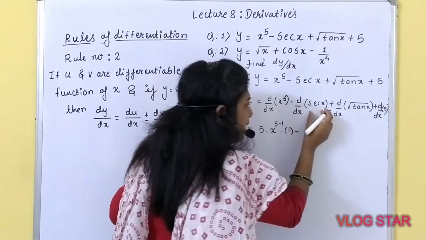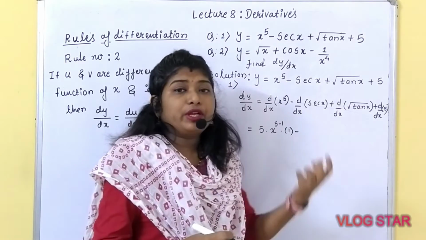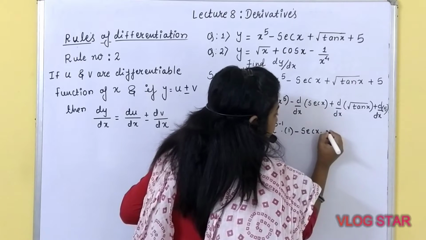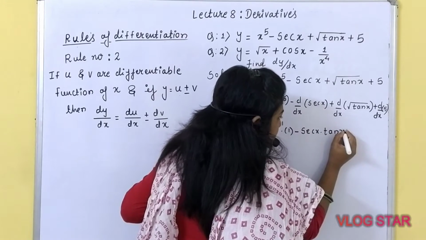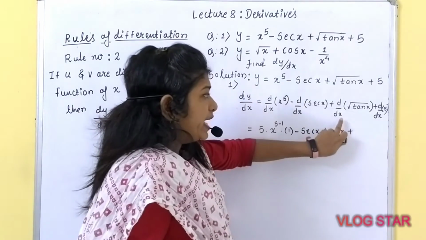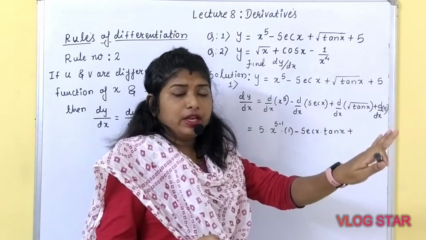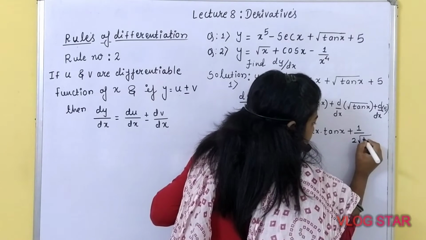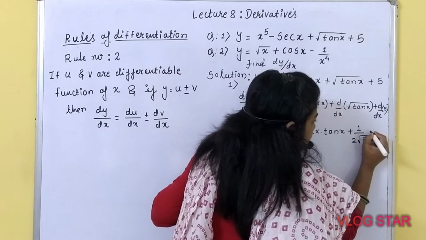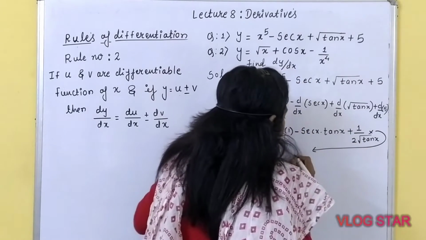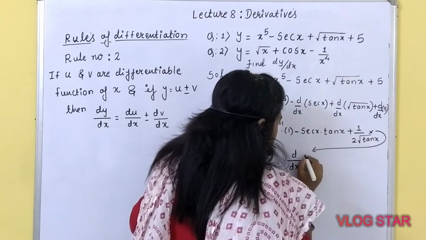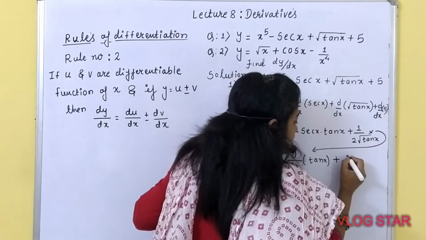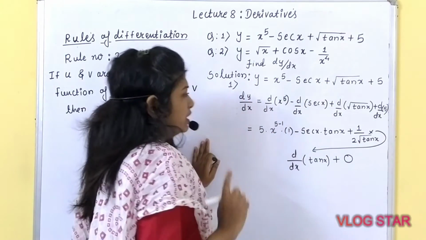Coming to the second part, the derivative of sec x is given by the formula sec x into tan x. Plus, what is the derivative of root of some function? We need to write 1 upon 2 root x, in this case x is tan x, into the derivative of tan x, plus the derivative of a constant term, which is always equal to 0.